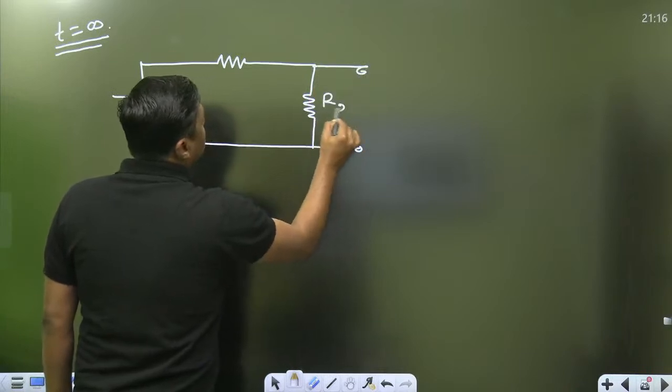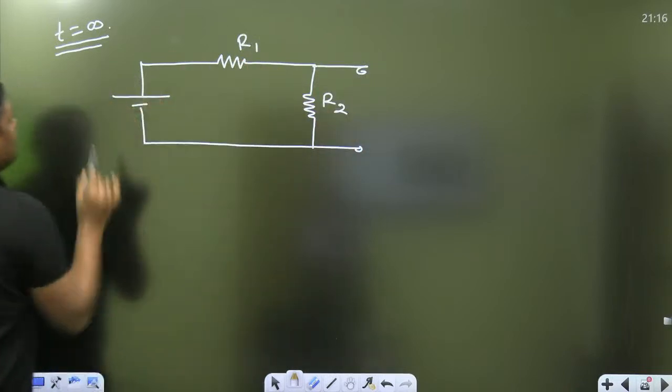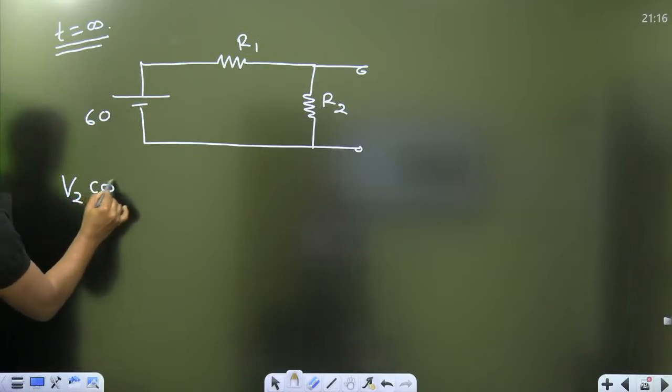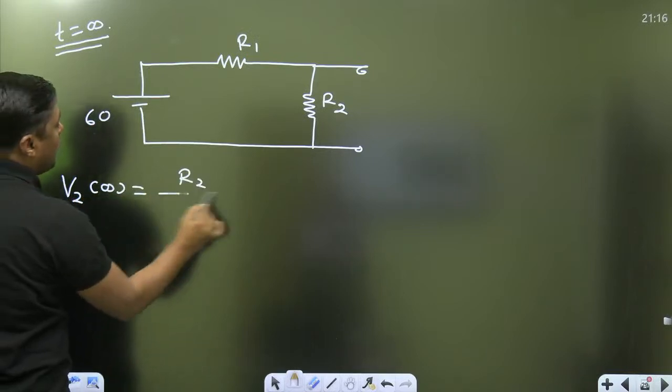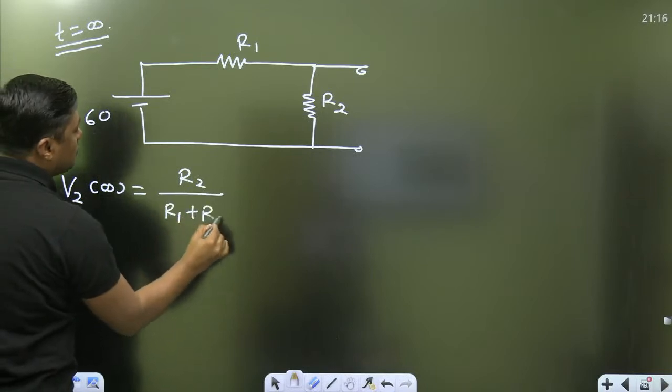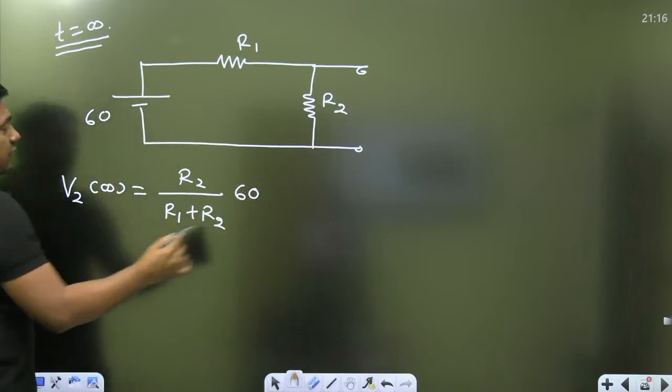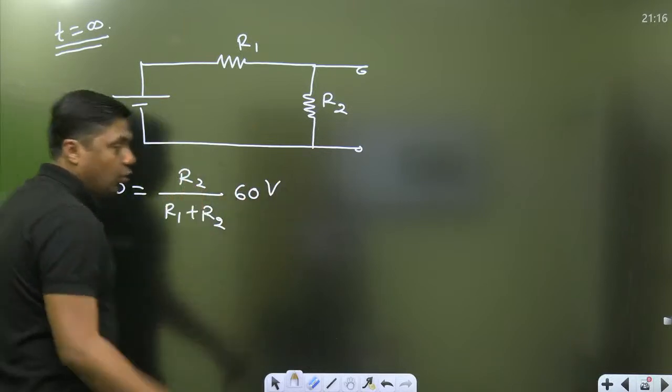The final voltage across this, with the 60 volt source, is given by V2 at infinity, equal to R2 by R1 plus R2, into 60. This will be the answer for the final voltage.